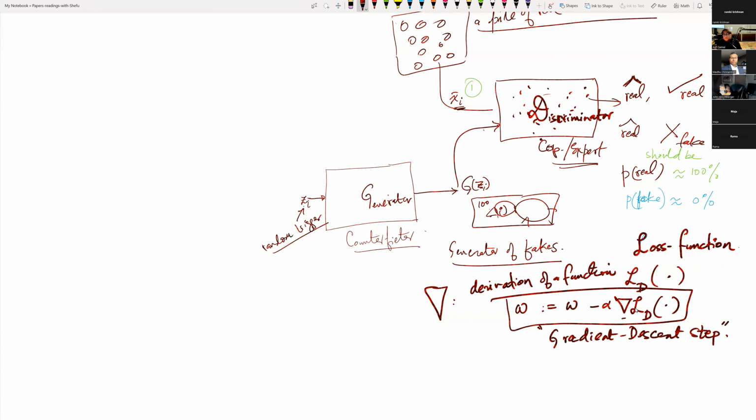And the beautiful thing is, in this game, if you play it sufficiently long, the generator can start producing very genuine dollar bills without ever having seen a dollar bill. Because through this process of learning, it learns, in effect, what dollar bills look like.